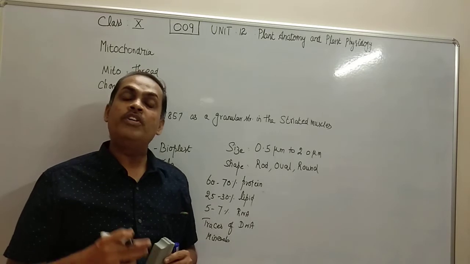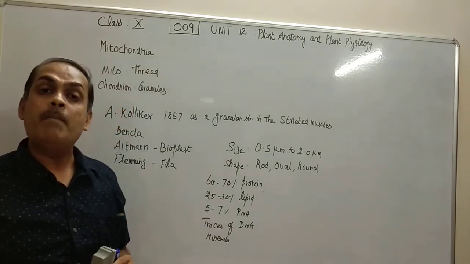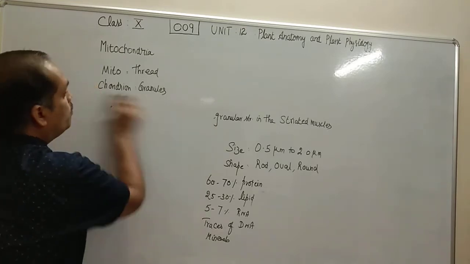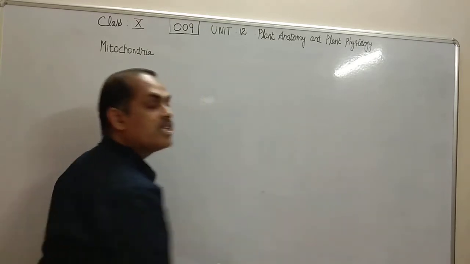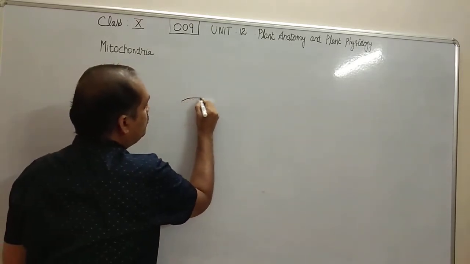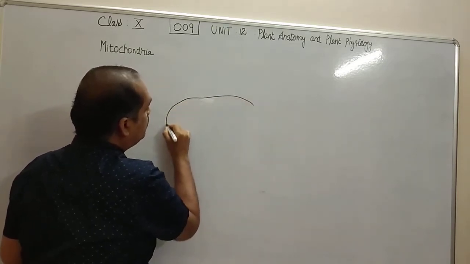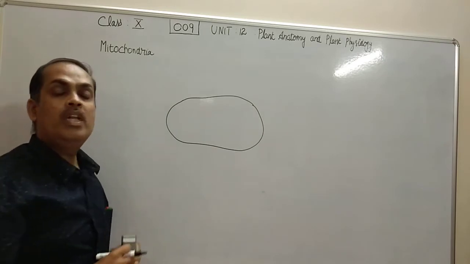Now, when you come to the structure of the mitochondria, it is a double membrane bound organelle. That means it has got two membranes. The one which I am drawing now is the outer membrane. I am drawing the most common shape, that is oval in shape.